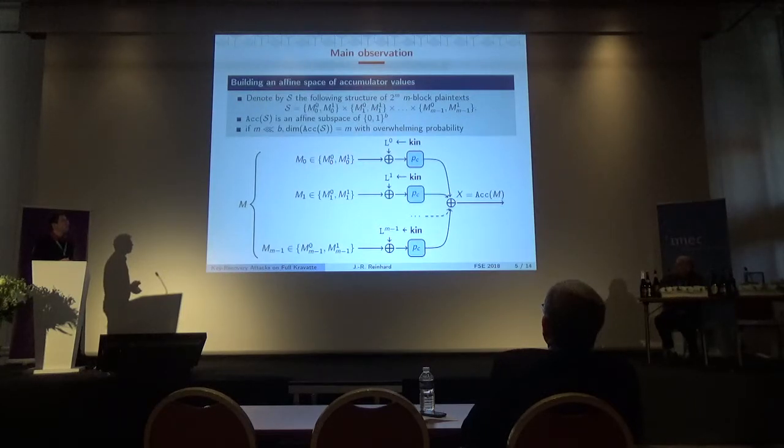And if you have this property of being chosen among 2 possible values, it's also here. You also have only 2 values here and 2 values here. And when you XOR all these values, you get an affine space. The dimension of this affine space will be the number of blocks with high probability, as long as the number of blocks is lower than the size of the state.